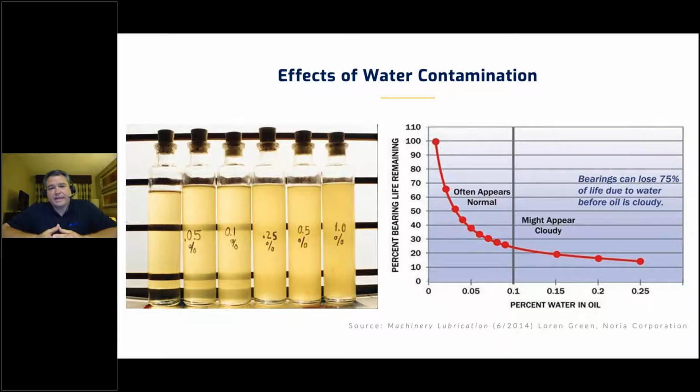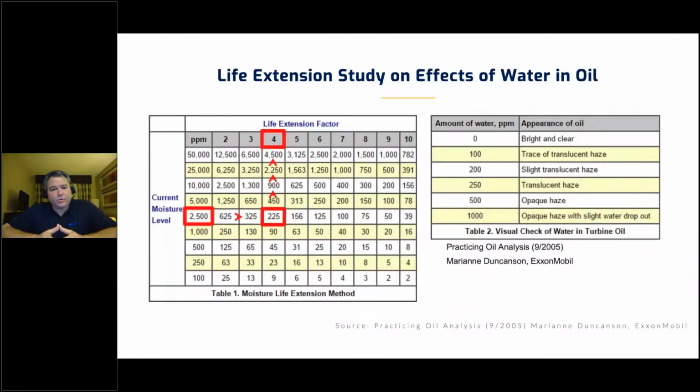So I think the next slide also goes along well with this. This is, again, for your reference, to spend some time looking at and determining. This was an Exxon Mobil study, and they were looking at 2,500 ppm. If you look at the chart to the left, 2,500 is a point where you have separated water in most oils.